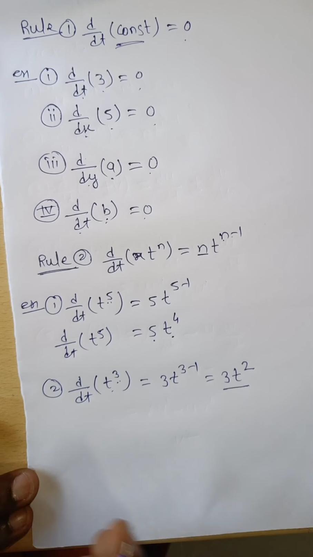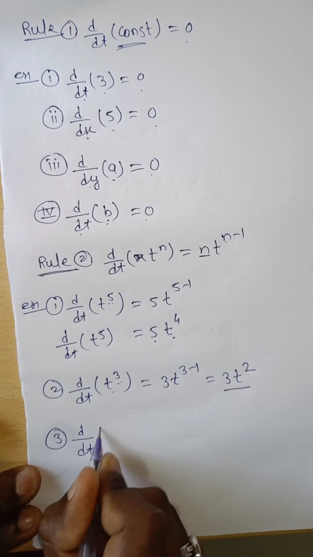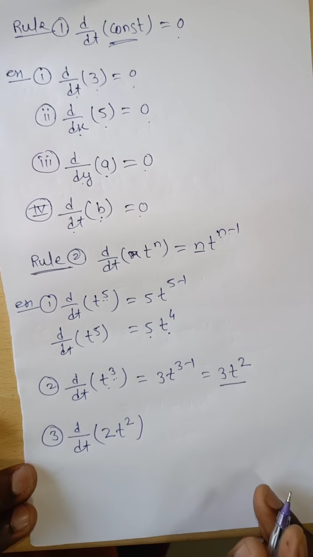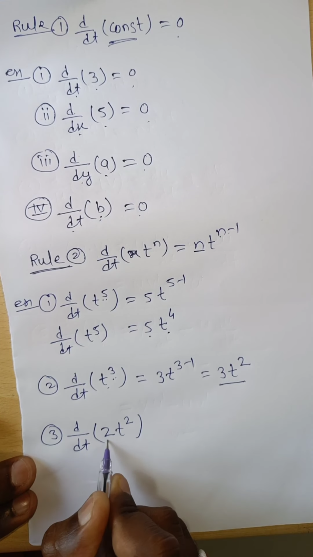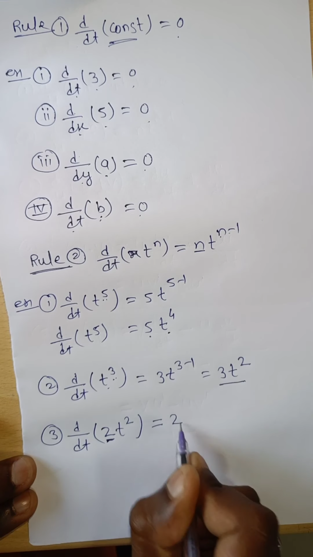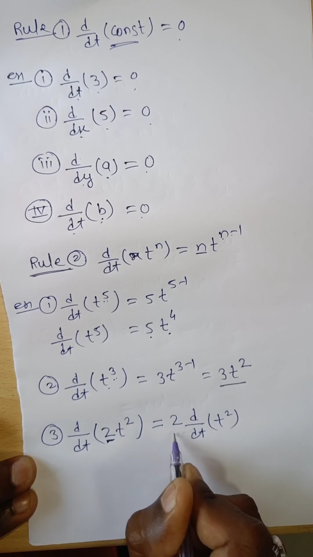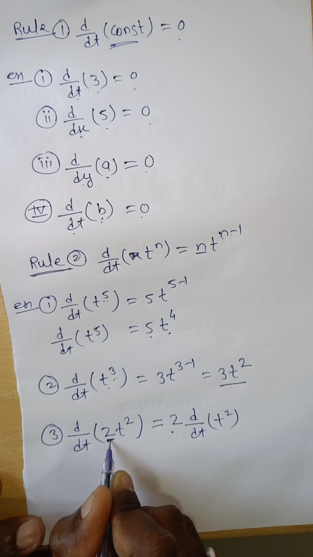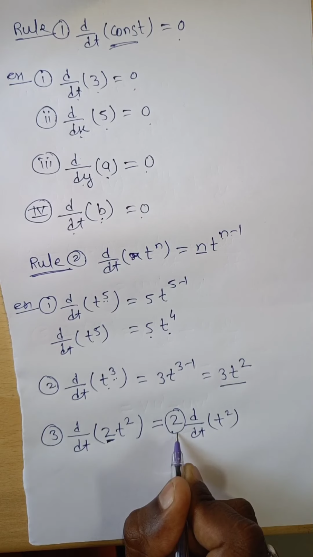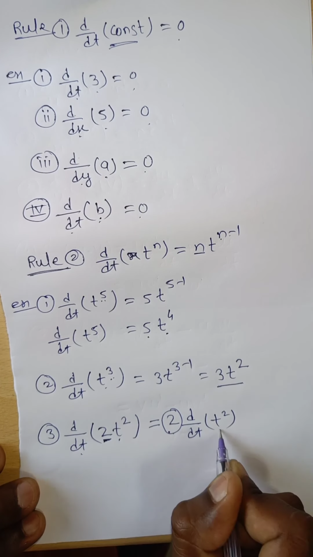Okay, now suppose it is d by dt of 2 into t square. In that case, 2 is the constant, therefore we take 2 outside, so 2 into d by dt of t square. If one of the quantities is constant, then we take that constant outside and differentiate only the remaining term, that is t square.